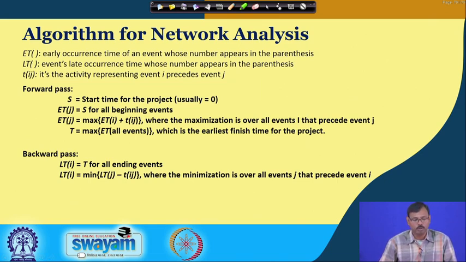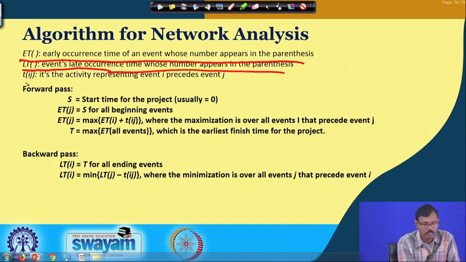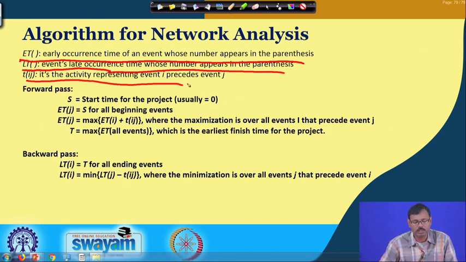Finally, let us look at the algorithm of the network analysis. ET is the early occurrence time of an event, LT is the late occurrence time of the event for a particular node, and TIJ is the activity duration between the two corresponding nodes.